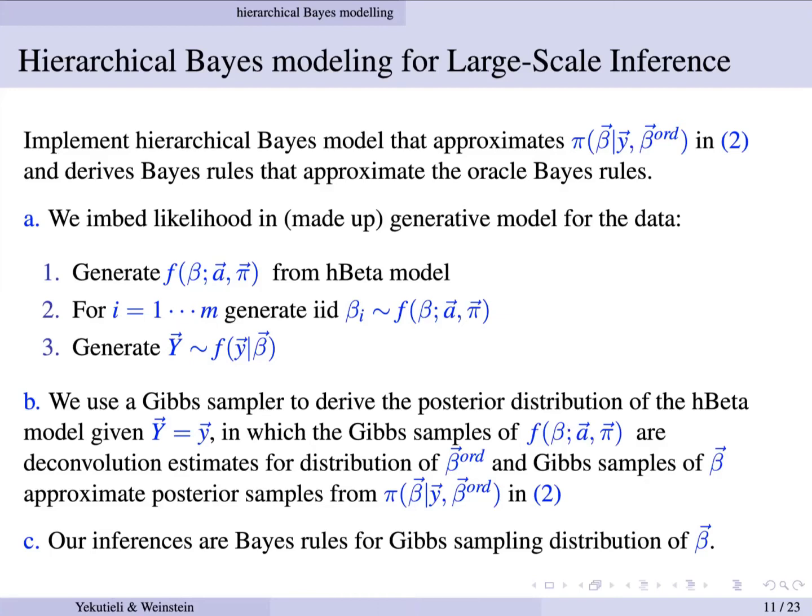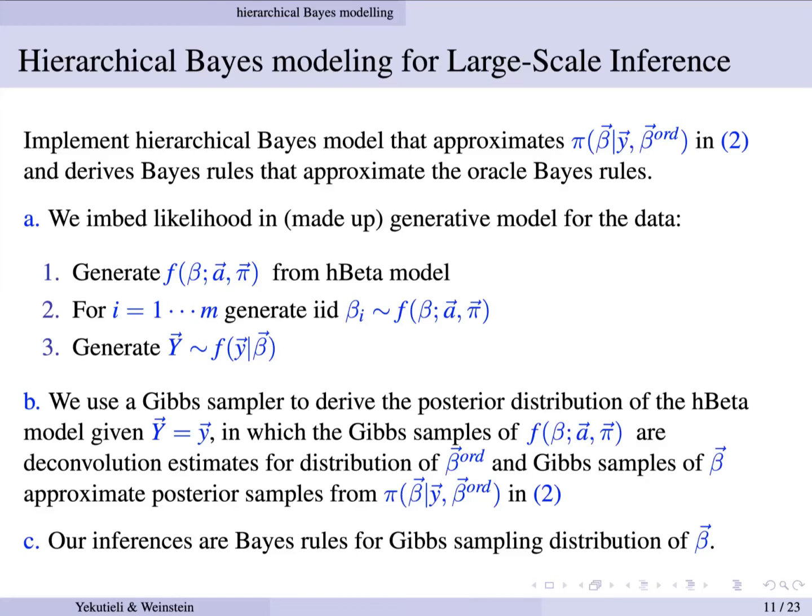So we use the posterior model to keep on spewing new Fs. What are these Fs? Fs are deconvolution estimates of the distribution of this beta, okay? And Gibbs samples of the beta vector are approximate posterior samples from this distribution we're interested in, okay?